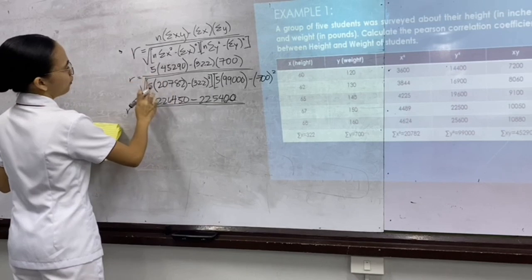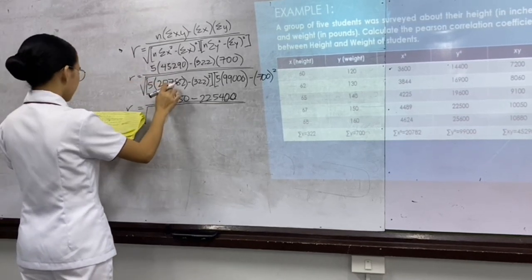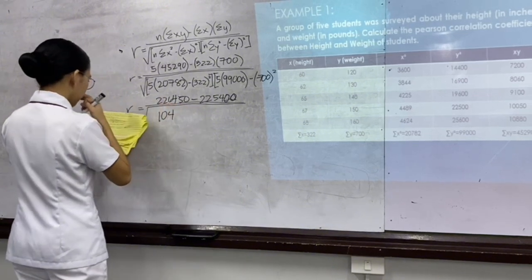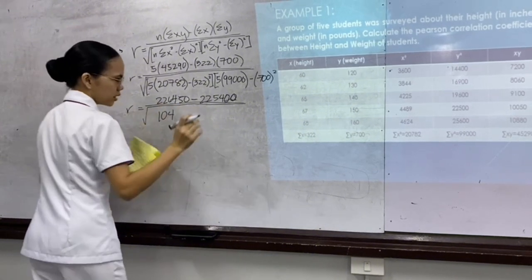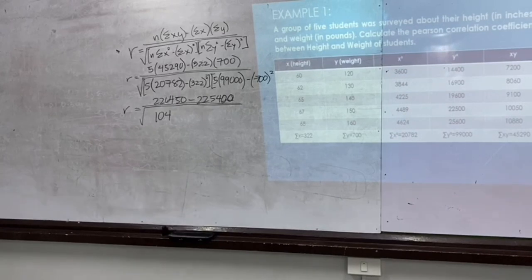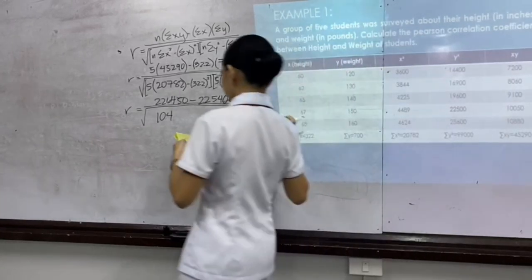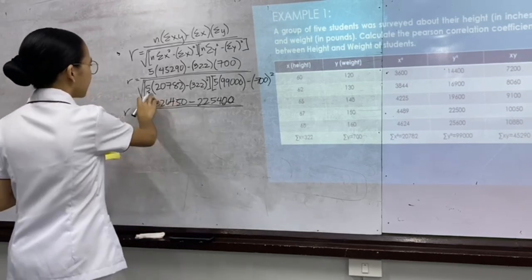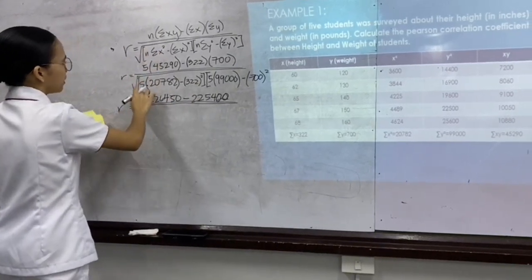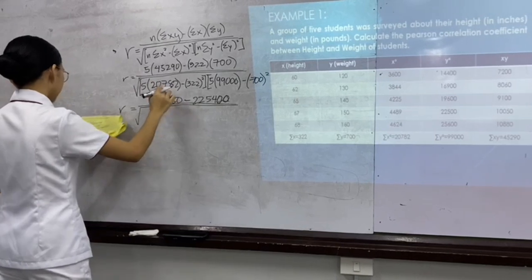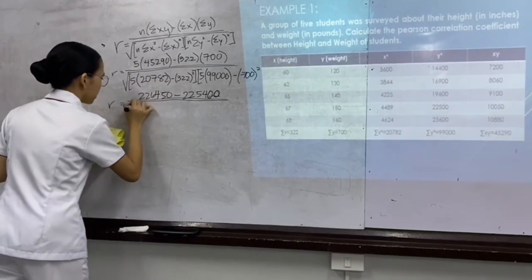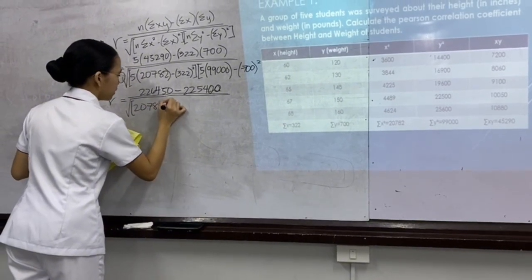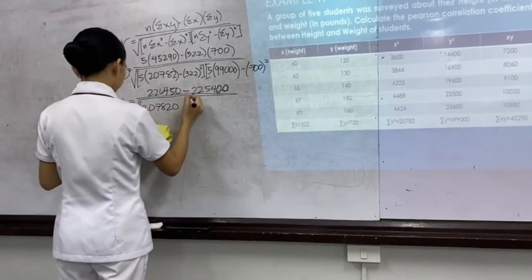The result of 5 multiplied by 20,782 is 103,910.